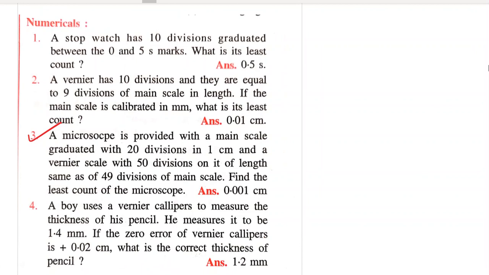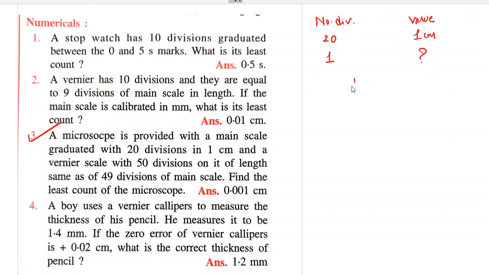A microscope is provided with a main scale graduated with 20 divisions in 1 centimeter. Okay, so if there are 20 divisions in 1 centimeter, so number of divisions and value. If there are 20 divisions, the value is 1 centimeter. So what will be the value of one main scale division?